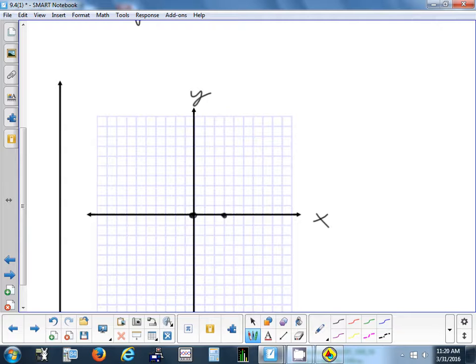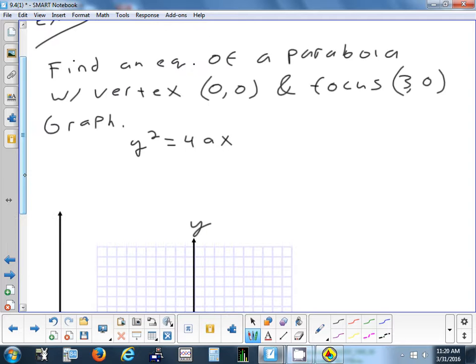All right, so now what I would do is look up, and you can use the table. I would put that on your reference sheet. Find the row in the table for the one where the parabola opens to the right. It's the first row. What's the equation for a parabola opening to the right? It's right in your table. Y squared equals 4ax. And what's the format for the focus?